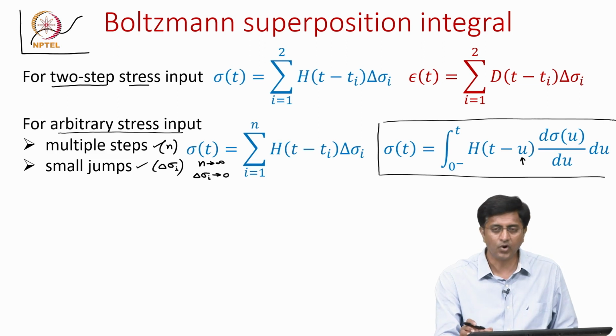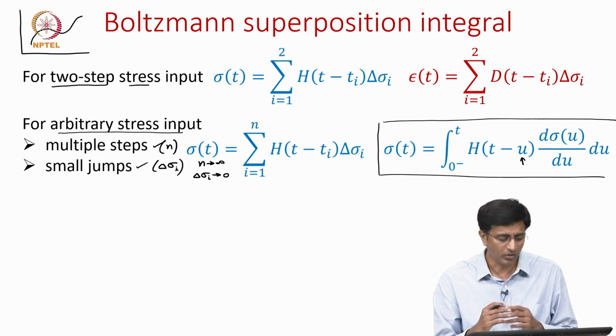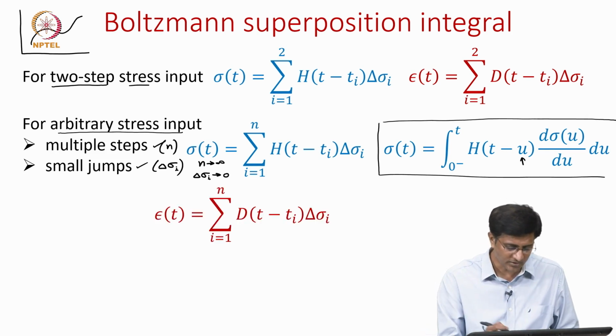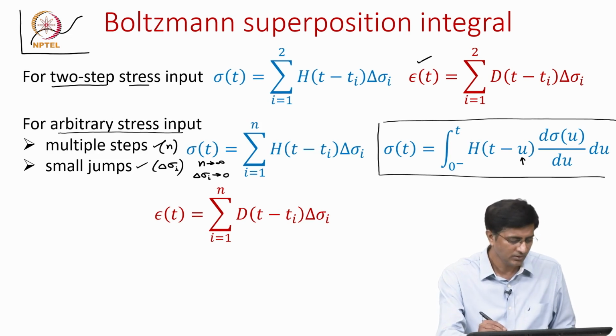So, this integral form is representing our input, but now let us see what the response to this input is. We will first start with the summation form which we have earlier seen for the two step stress input.